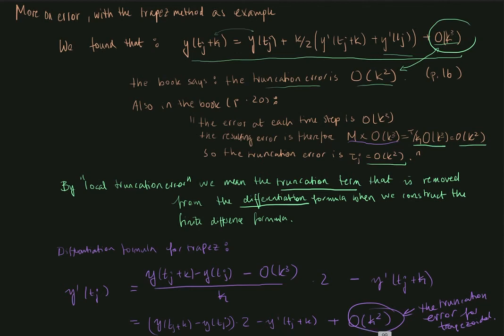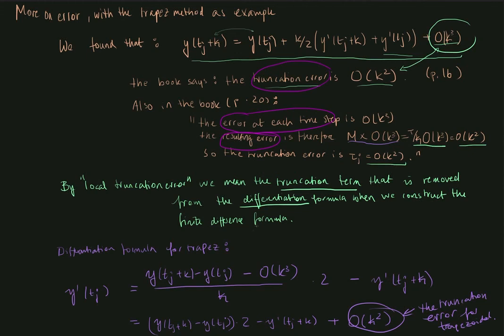Okay. So that was a little bit about truncation error, and you have probably already seen here that the book just uses a lot of different words for error. The book uses the word truncation error. It also just says error at each time step or a resulting error, and that might be confusing.